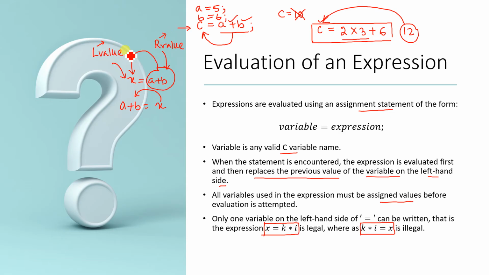You cannot alter these positions. Okay, if you write an expression something like this, then you might have seen the error something like "L value required". So what does it mean? L value required means your left side value is not a variable, it is an expression. So you need to take care of all these things while you are writing an expression in C programming.